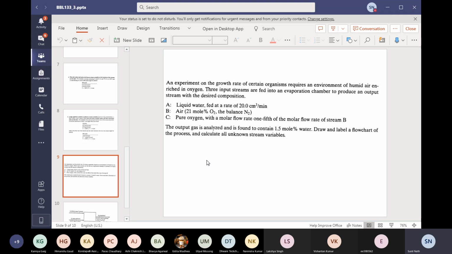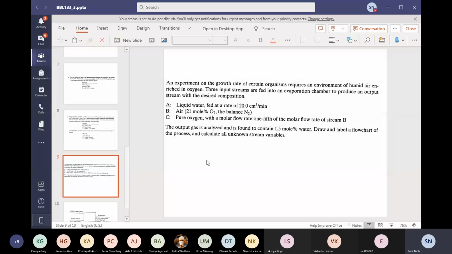There are 3 streams now, 3 input streams. But now it's also a humidification problem, right? So water is also there and gas is also there. So you must separate out those streams and write those variables.